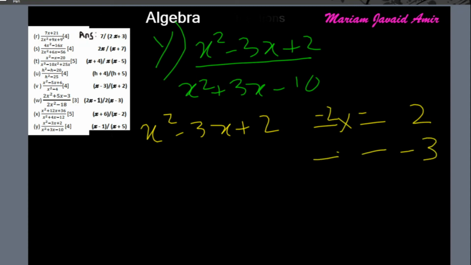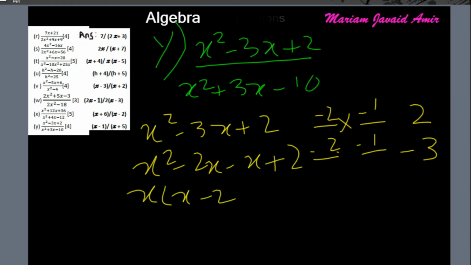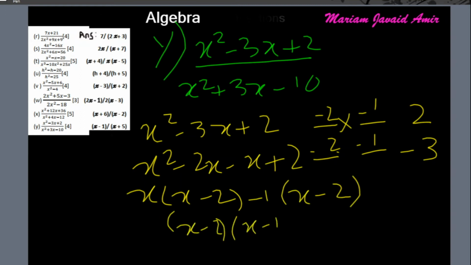So minus 2 times minus 1 would be those two numbers, x square minus 2x minus x plus 2. X is common in the first two, minus 1 is common in the next two. So x minus 2 times x minus 1 is the factorized form of the numerator.